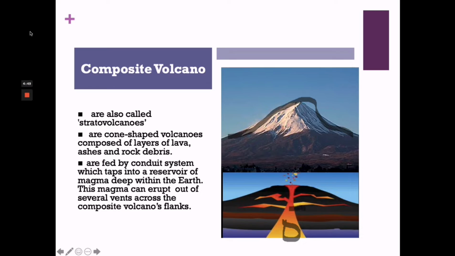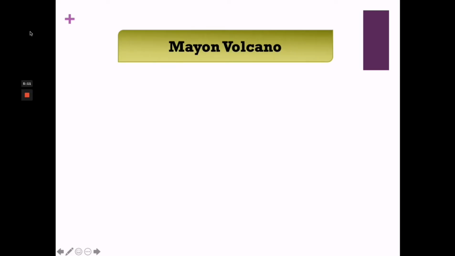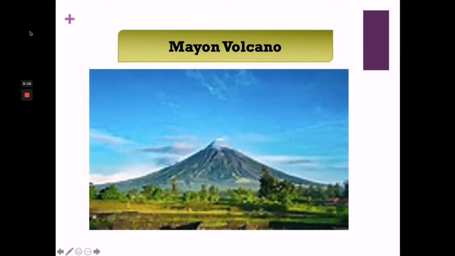This magma can erupt out of several vents across the composite volcano's flanks. Some of the tallest volcanoes in the world are composite volcanoes, and some of the most devastating eruptions in history came from them. What you can see in the picture is Mount Fuji in Japan. And of course, our very own Mayon volcano is a composite volcano as well.